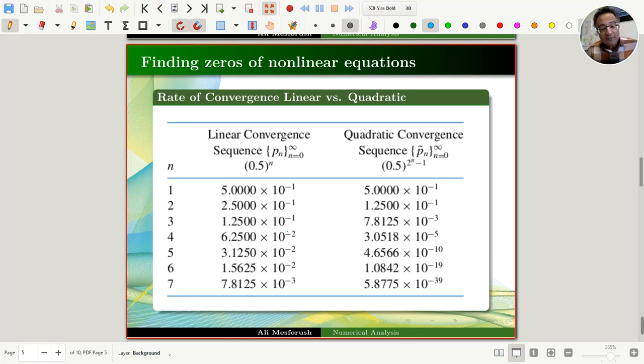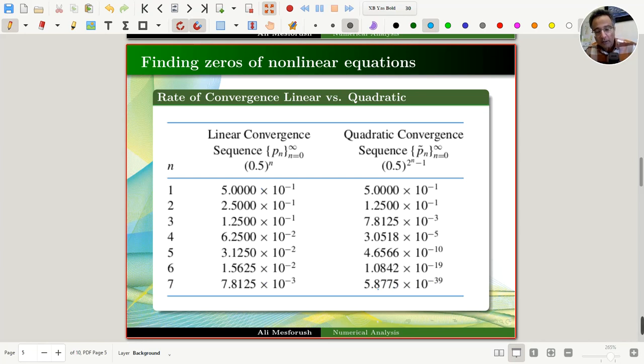But if we implement a new numerical method to find the approximation with a quadratic sequence, we will get this result for the error term. In fact, in the first step, we have the same error as the linear convergence. But in the seventh step, the error will be much smaller than the other one.